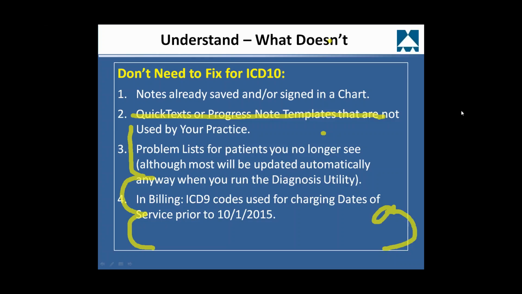In billing, and this is the one time I'm actually going to mention something in billing, and this goes across any billing product that you're using, no matter what it is. If you have ICD9 codes used for dates of service prior to 10/1/2015, they should have ICD9 codes, or in the case of Practice Partner billing, they should have the combo code.